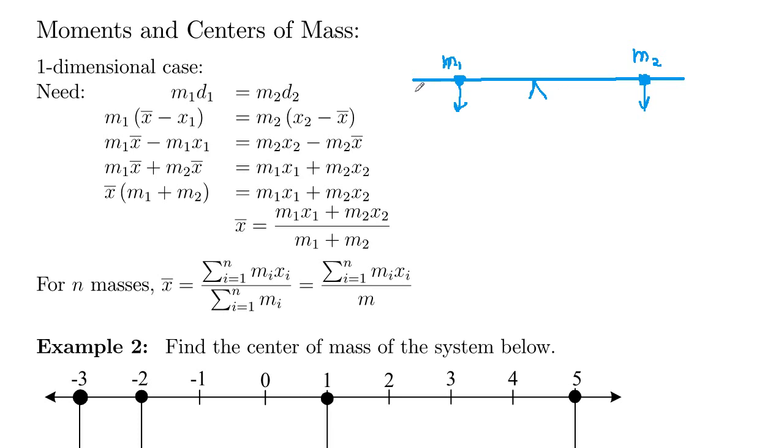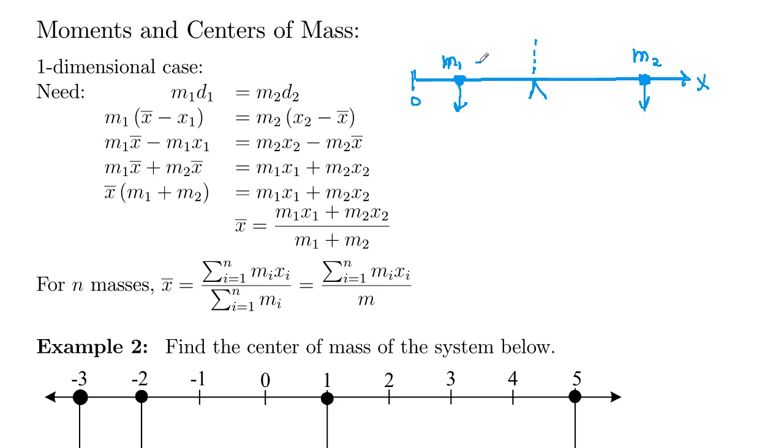And then we want to put a scale on this axis here. So we could say 0 starts here, and this is going to be our positive x-axis. Then the coordinate of this fulcrum here, let's put a dotted line in there. We want to find the coordinate of that fulcrum.